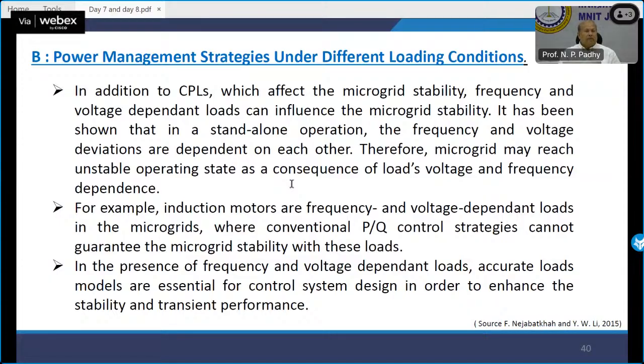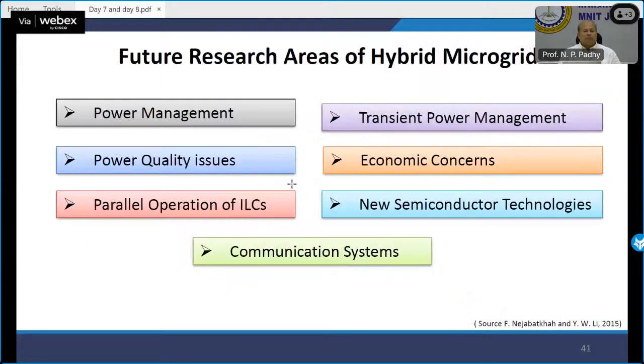For example, induction motors are frequency and voltage dependent loads in the microgrid, where conventional PQ control strategies cannot guarantee the microgrid stability. Very important: in the presence of frequency and voltage dependent loads, accurate load models are essential for control system design in order to enhance the stability as well as the transient performance.